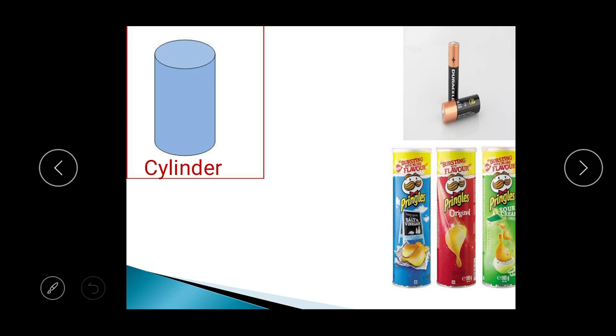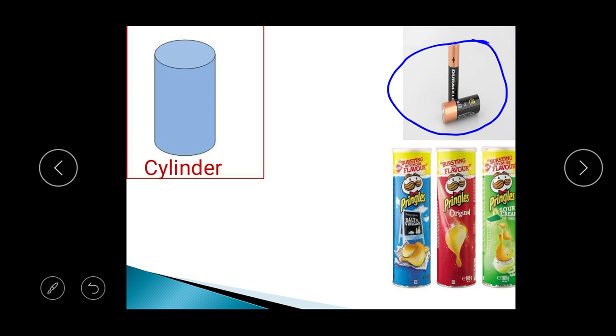This is your battery. Did you see that? This is your battery for your remote, your DSTV remote control, for your television remote control, battery for your touch lights. Anytime you see a battery, just know that it is in cylinder shape.